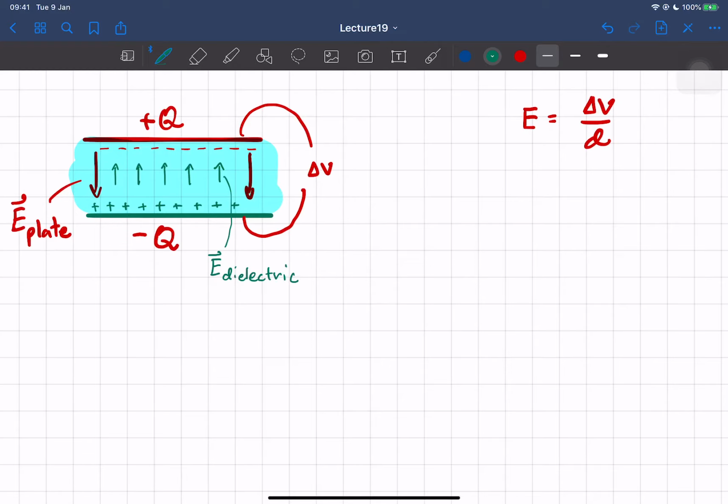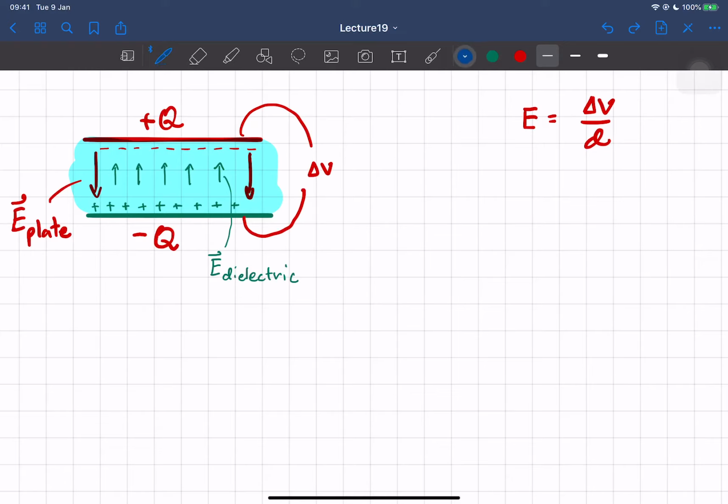So the net effect of the dielectric: before, you have the electric field from the plate, from these two charges, and then you develop another electric field inside this dielectric.